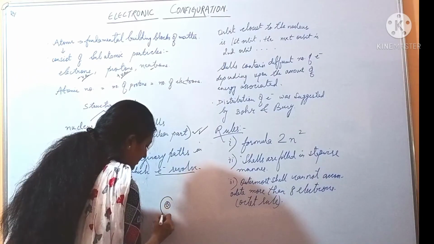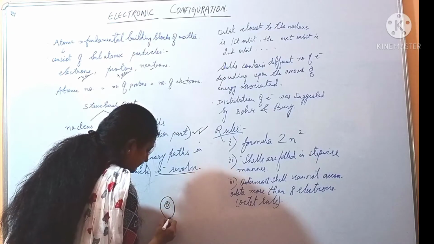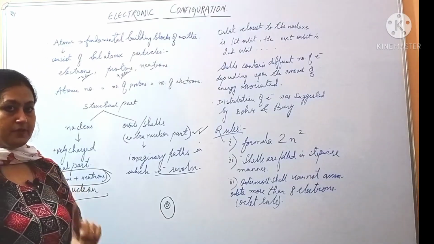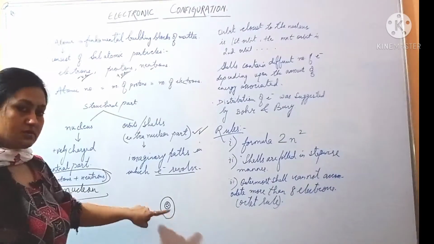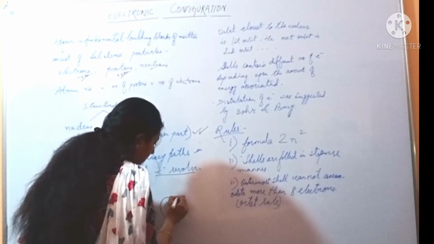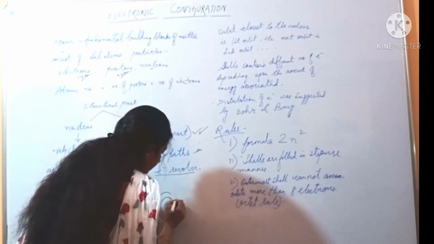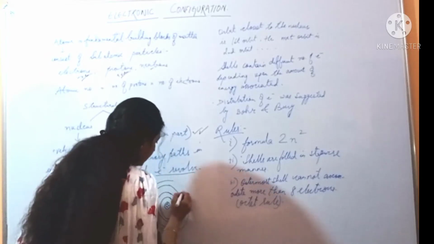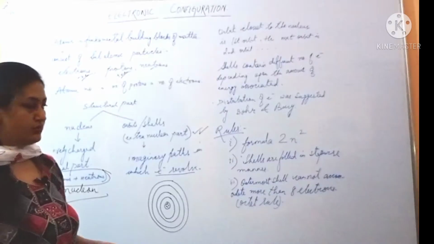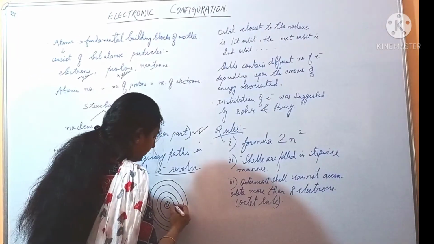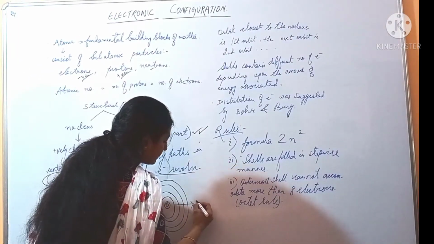Now, see, this is the first orbit. The closest orbit to the nucleus is named the first orbit. Okay. Then the second orbit, then the third one, then fourth, and like that it goes on. So, if we start naming them, the orbit closest to the nucleus is the first orbit.